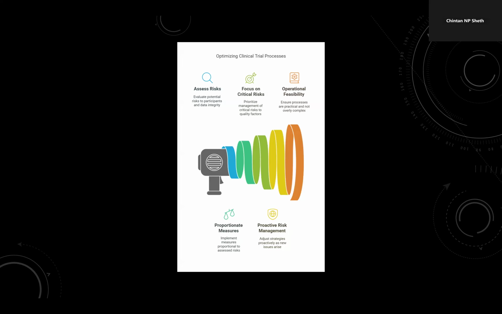The trial processes should be proportionate to the risk inherent in the trial and the importance of the information collected. The risks in this context include the risk to the rights, safety, and well-being of the trial participants as well as to the reliability of trial results.